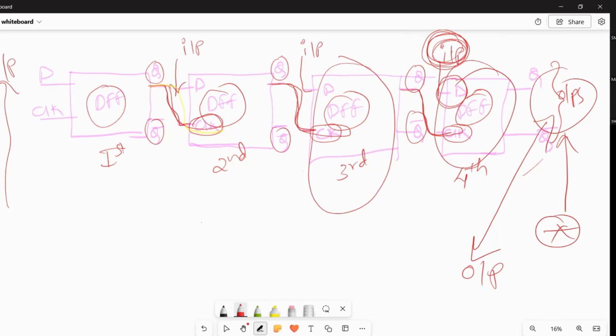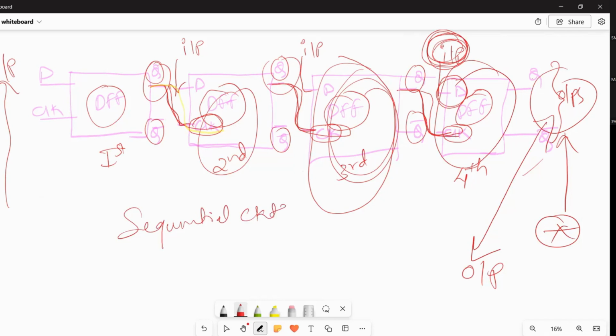Again, its third flip-flop output depends on second stage flip-flop output. Second flip-flop output depends on first flip-flop output. Dependency is there. This kind of circuits is called what? Sequential circuits. Okay. Combinational means what?